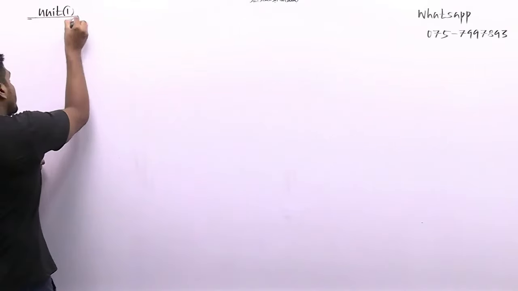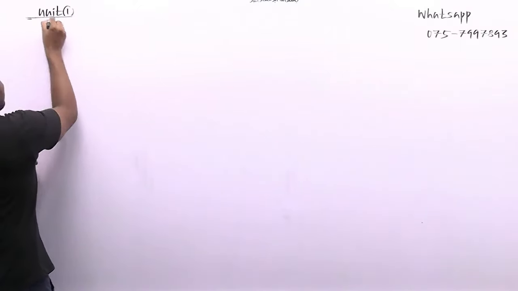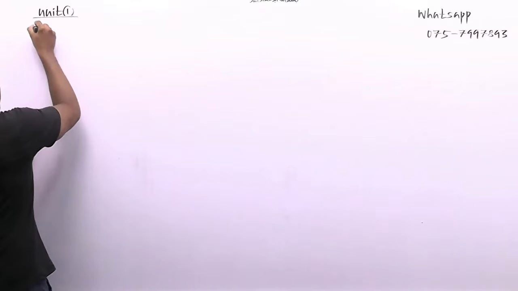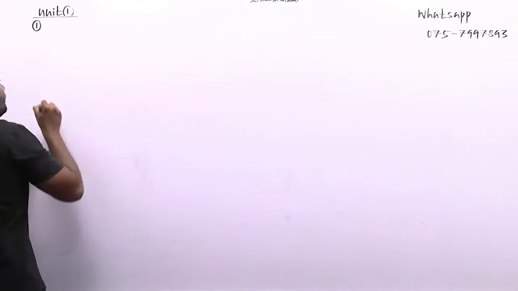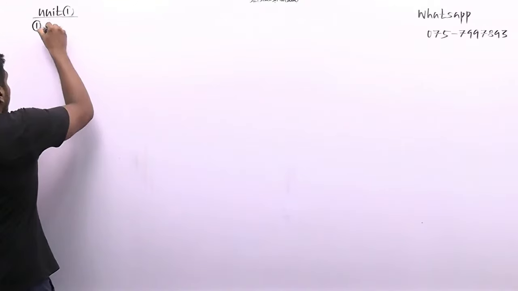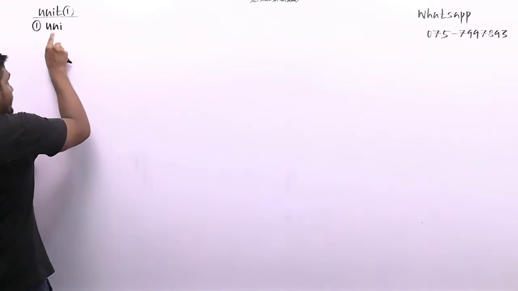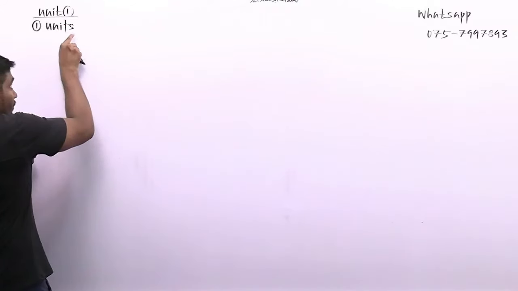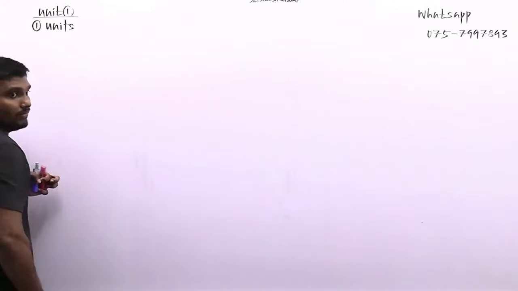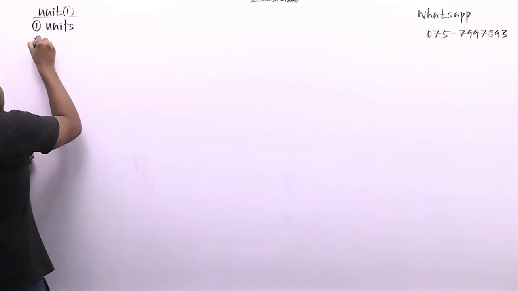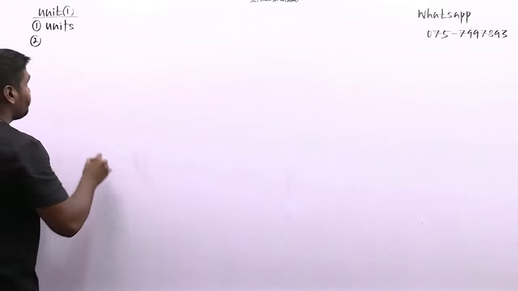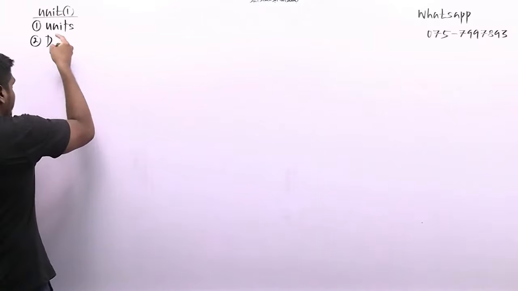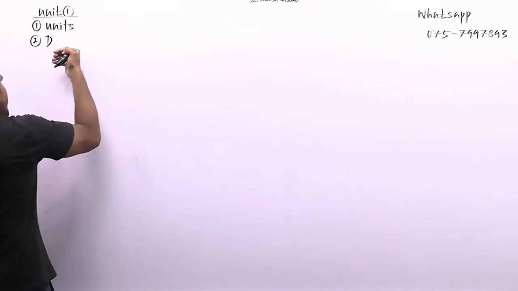Number one is units. Today we are talking about units only. This is a really easy section, and we don't have that much extreme calculation in it, a very basic section. Number two is dimensions. Compared with the units section, dimensions is somewhat complex, though not that much.